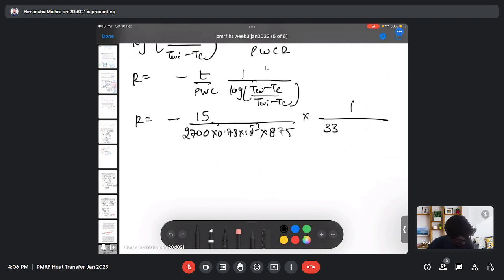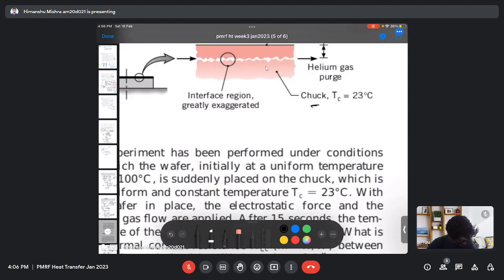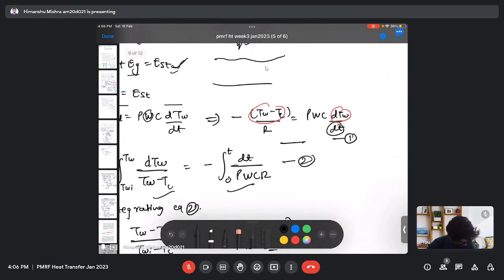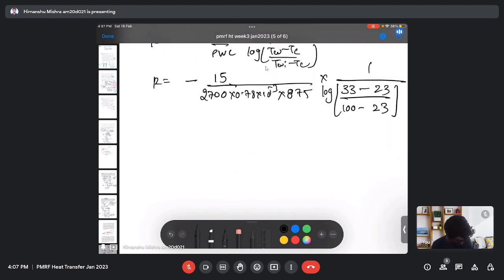T wafer is 33, the chuck temperature is 23. So we just need to calculate the value, and after calculating we will get the resistance, 4.1 times 10 to the power minus 2 meter squared Kelvin per watt.